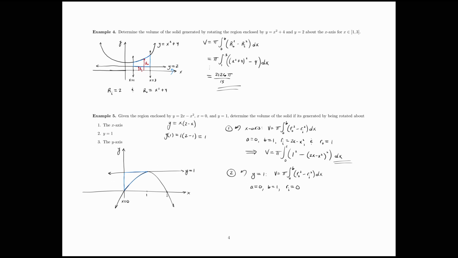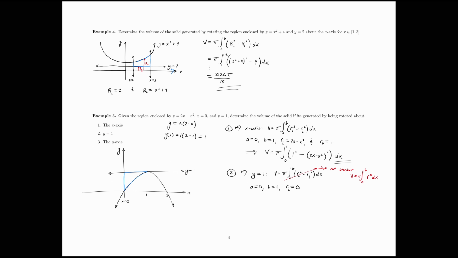So if we just modify this, a disk, not a washer, has a really similar format. The volume V equals pi times the integral from a to b, but instead of having 2 radii, we're just going to have a single radius. So this is just r squared dx in this case.